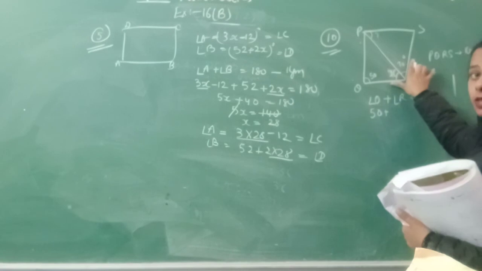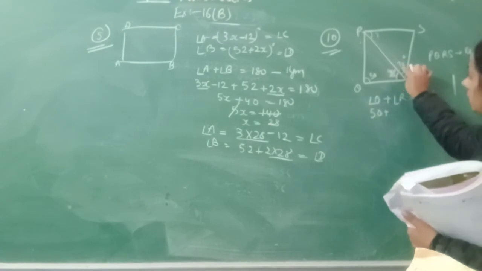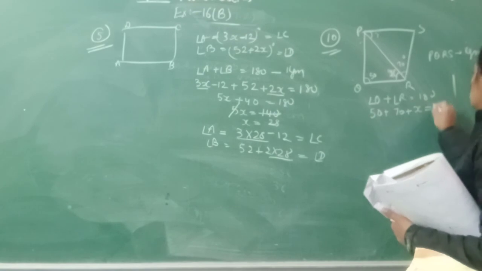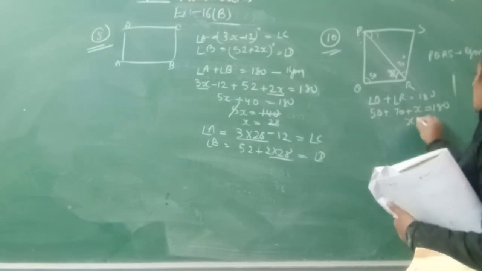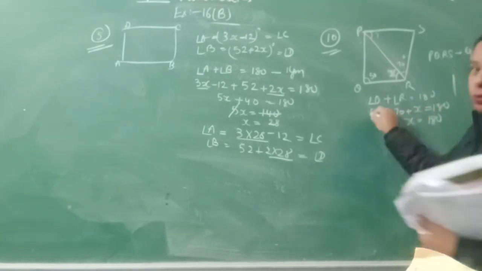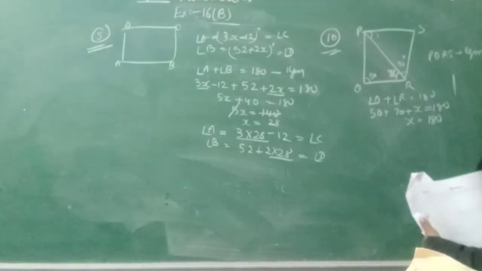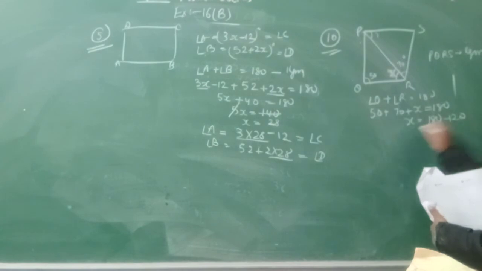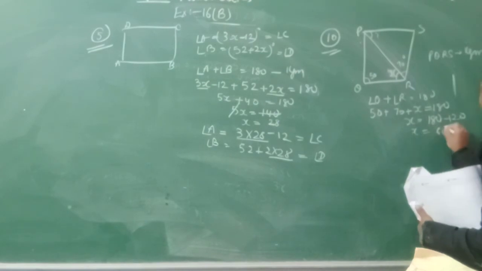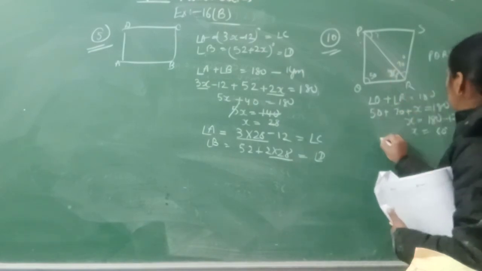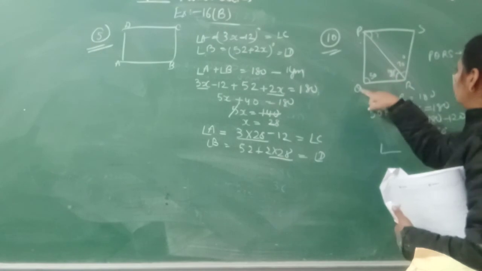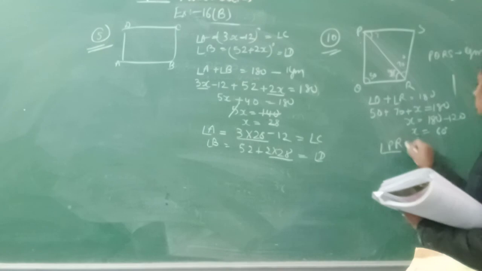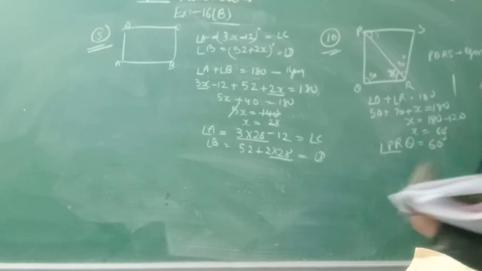Angle R is made by the two angles, that is 70 plus X. So 70 plus X is equal to 180 degrees. So the value of X will be 180 minus 70 plus 50, that is 130. Sorry, 120. I will subtract here, so you will get the value of X is 60 degrees. It means this angle QRP, or PRQ, will be 60 degrees.